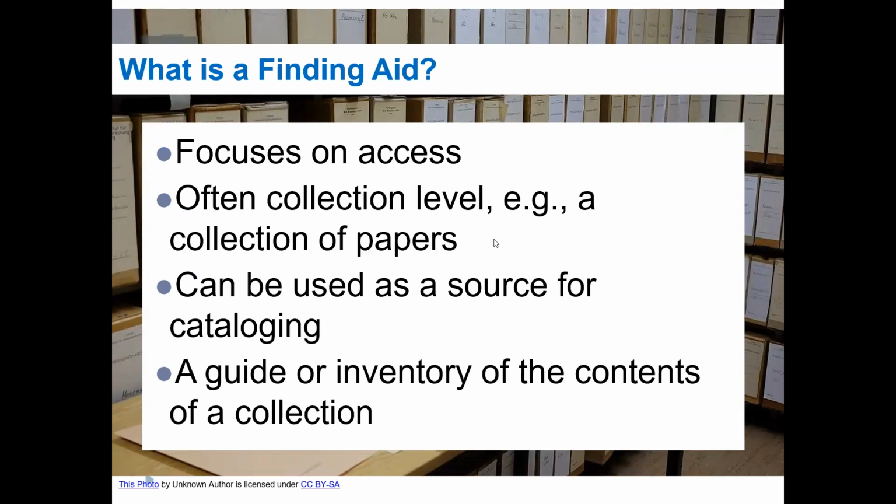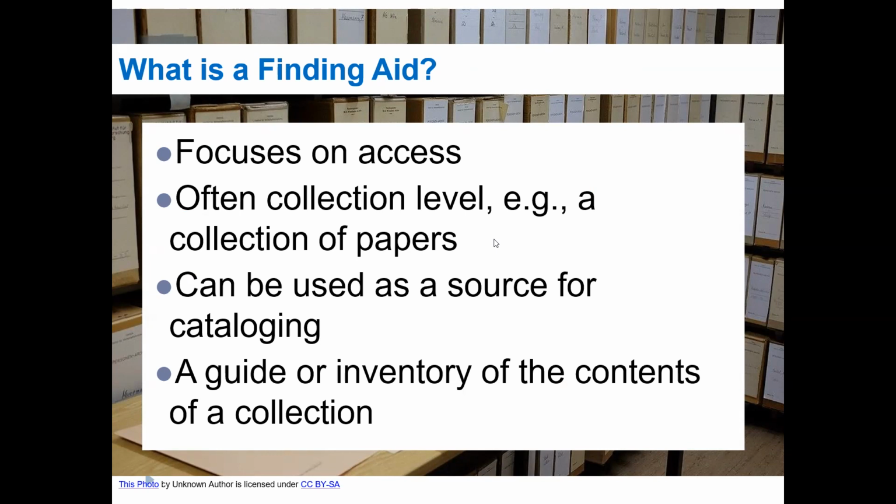One of the things I wanted to talk a little bit more about is finding aids versus metadata description, because it's not really so much part of this class, but it is an important part of our work. I see that people get really confused about what the difference between these two things is and when you would use one over the other. A finding aid is really going to focus on access.